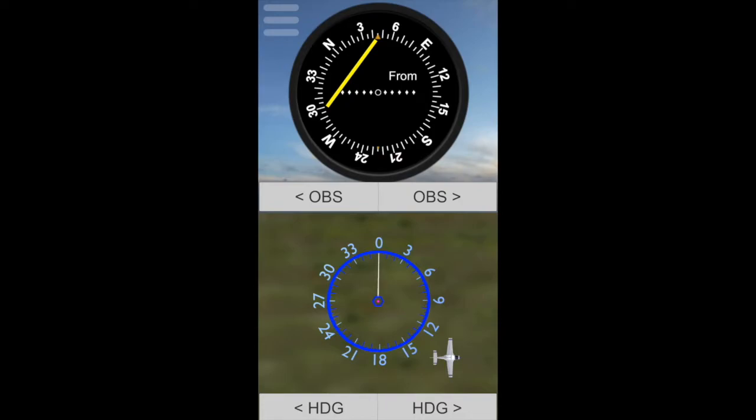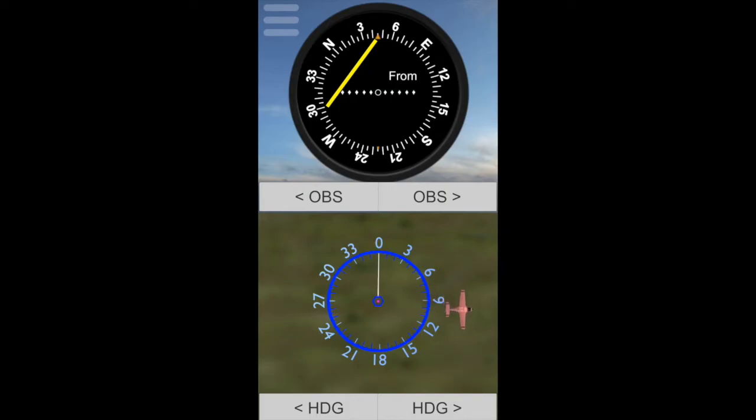Tracking 270 radial inbound means towards the VOR station, so you're going to fly this way. And now I'm flying on the 090 outbound. So I came from here, 270 inbound, and once I pass over the VOR station, I am flying 090 outbound.